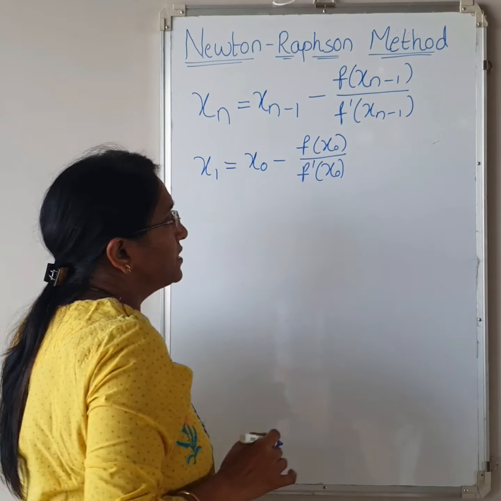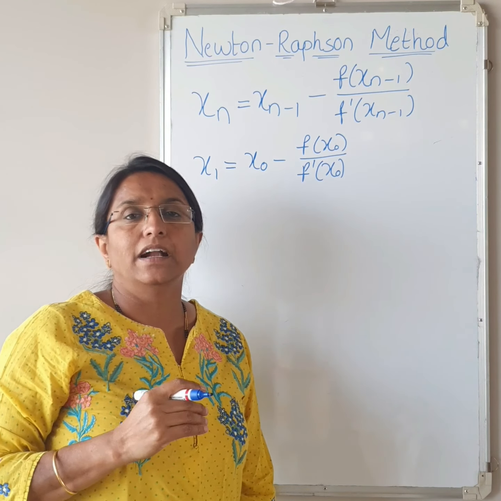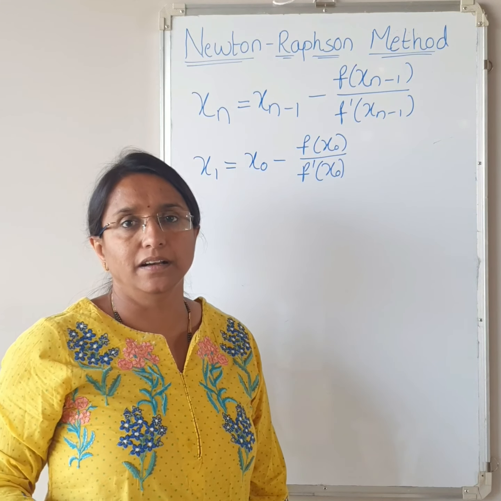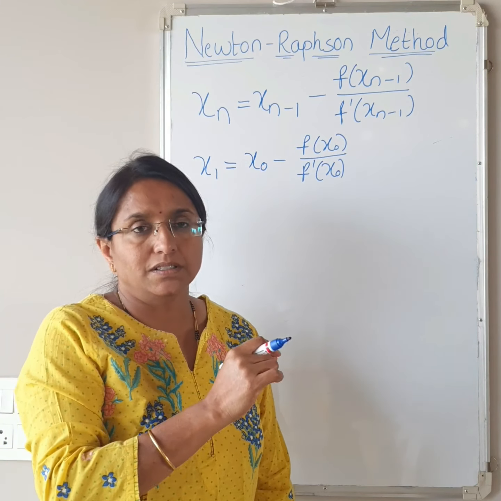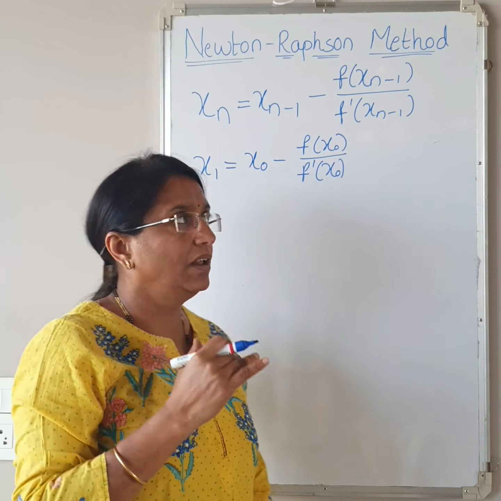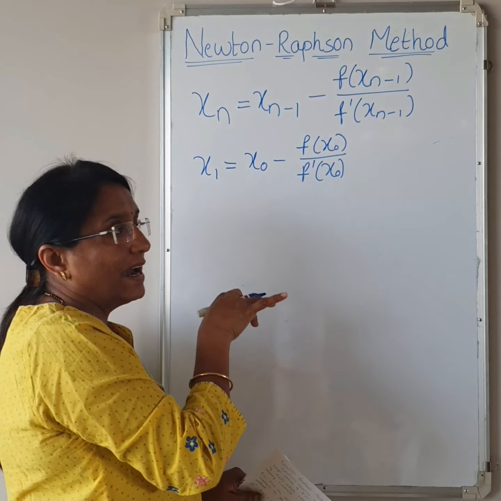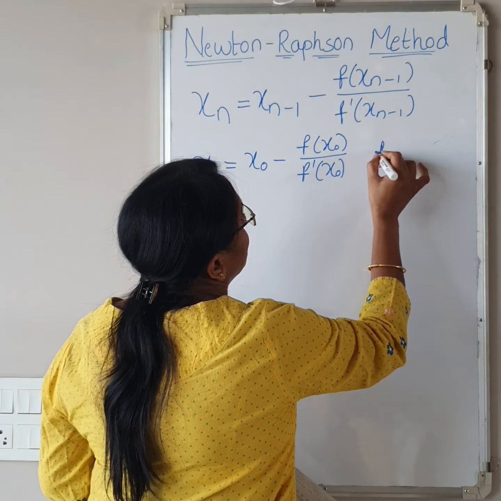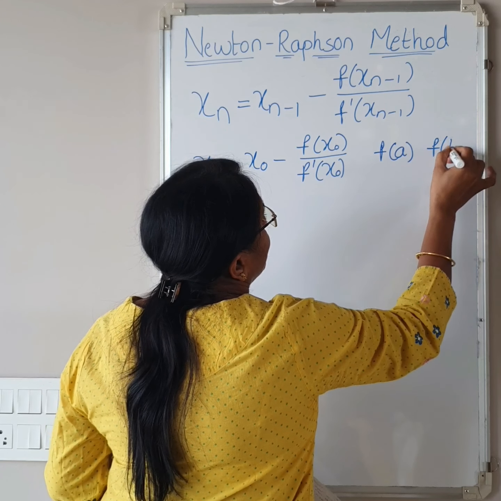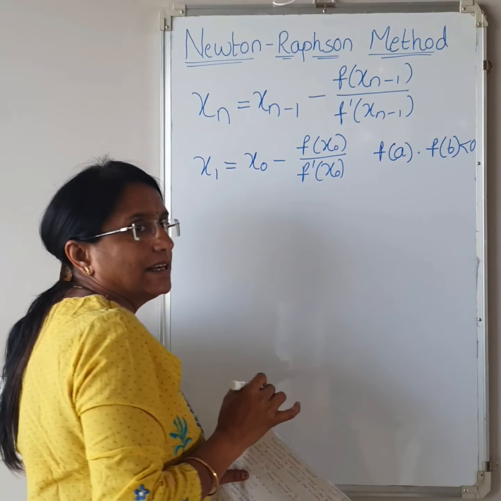As in my previous video, we have discussed regula falsi method. In that one, how to find the interval is explained in detail. Here also, we will just in 2-3 points complete that, how to take the interval. So to take the interval where the root lies, we have to find out f of a and f of b in such a way that f of a into f of b should be less than 0.